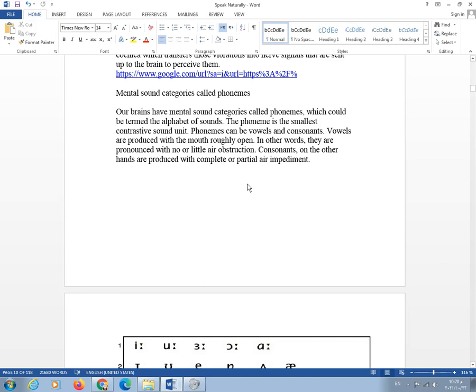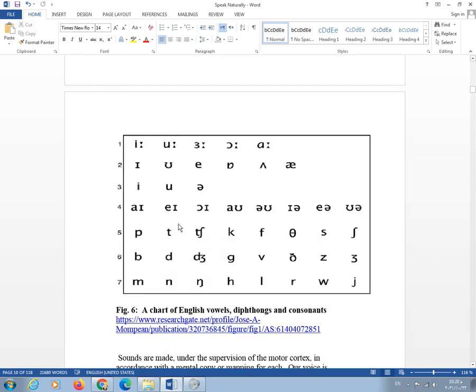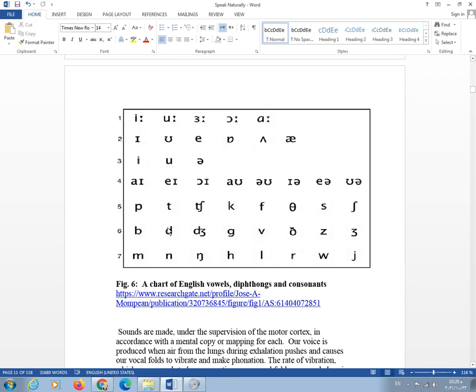Here is a list of the English vowels and consonants. The 5 long vowels: E, U, O, and A, and the 6 plus 1, 7 English short vowels: E, U, O, A, and schwa.